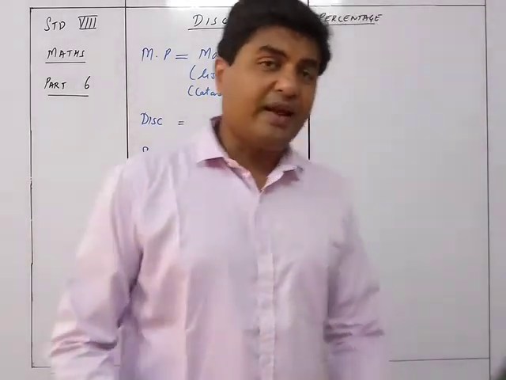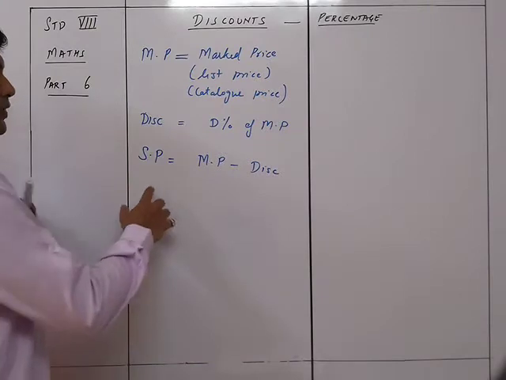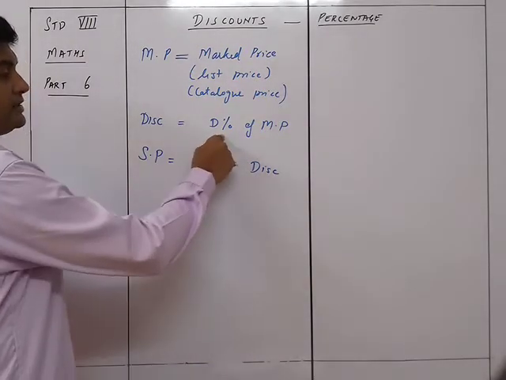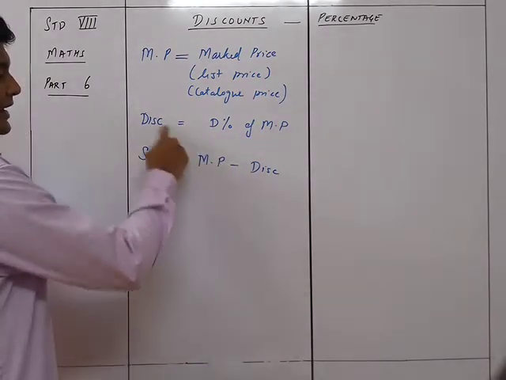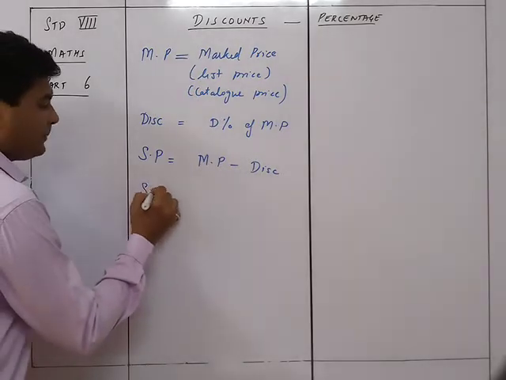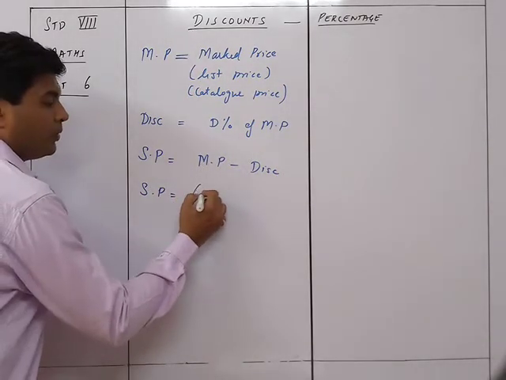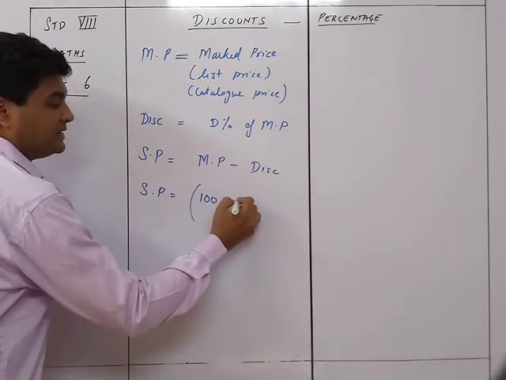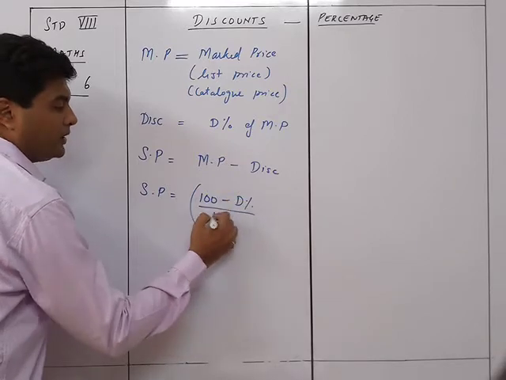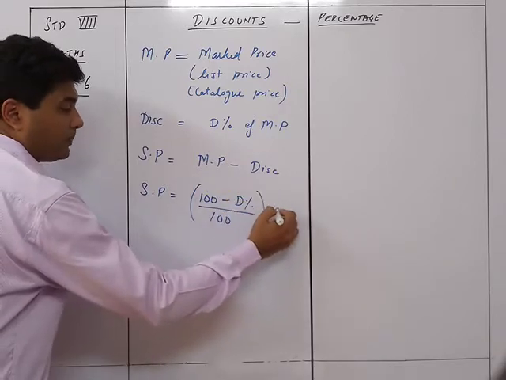Accordingly, we can have one simple formula. When I have the mark price and I have the discount percentage, then I can club this together as selling price is equal to (100 minus discount percent) upon 100 into mark price.